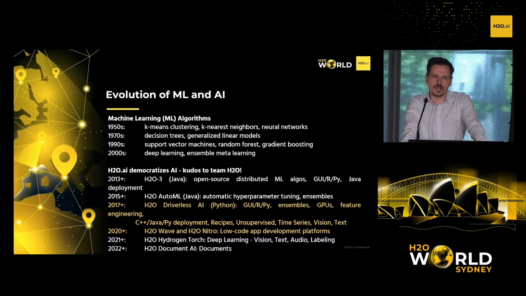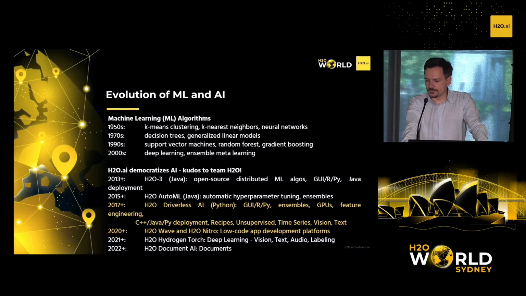But it doesn't search for the best feature representation automatically for you, which Driverless AI does. After we built Driverless AI, we opened the door to a new family of products like Hydrogen Torch, which you saw previously, and Document AI.